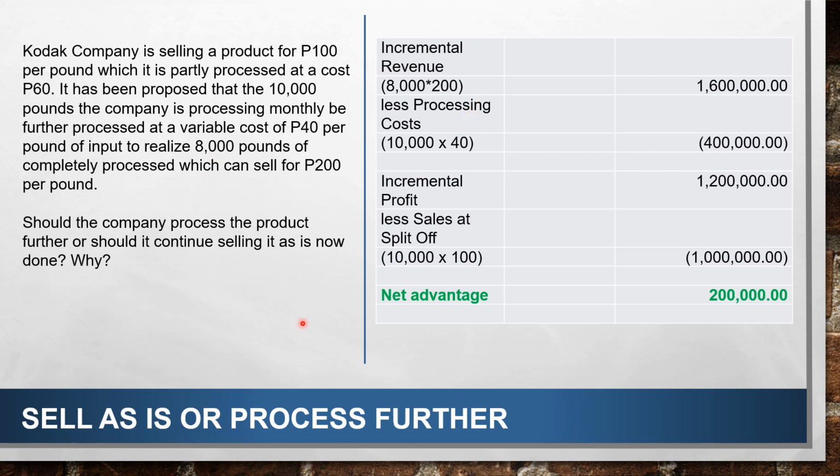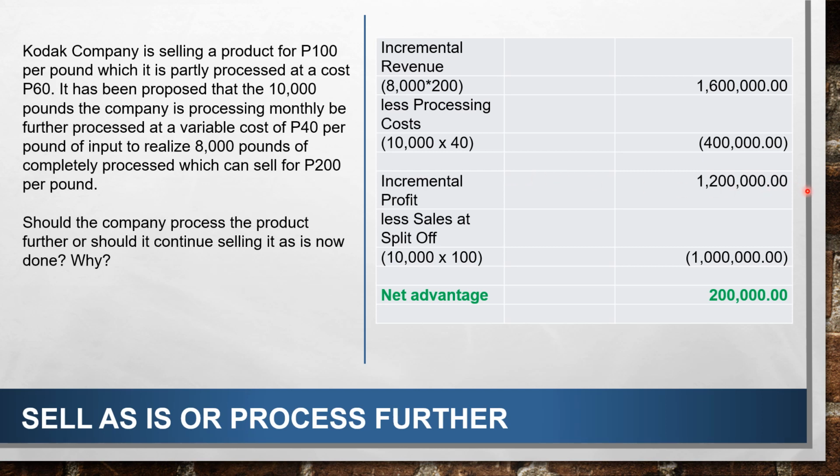Okay, so again, the decision criterion for these kinds of situations is to process further only if there is incremental profit. So our data analysis format, so we have incremental revenue. So what is our incremental revenue? Our incremental revenue is 8,000 times 200. Okay, so we will get 1,600,000 less the processing cost of the 10,000 pounds times 40, the additional processing cost.